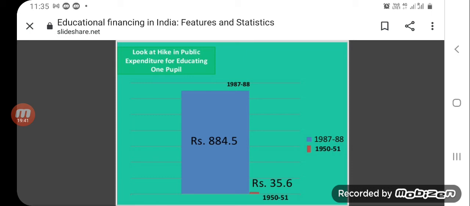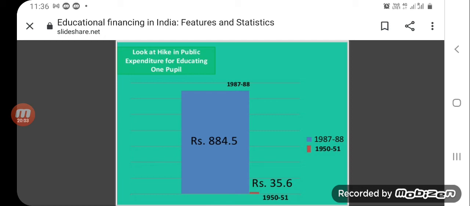But during the 1987-88 decade, rupees 884.5 was spent for providing education for a single child.